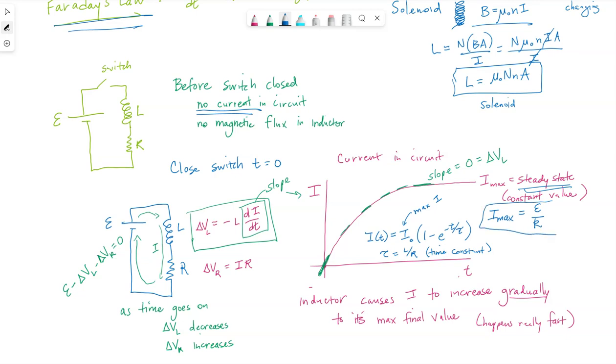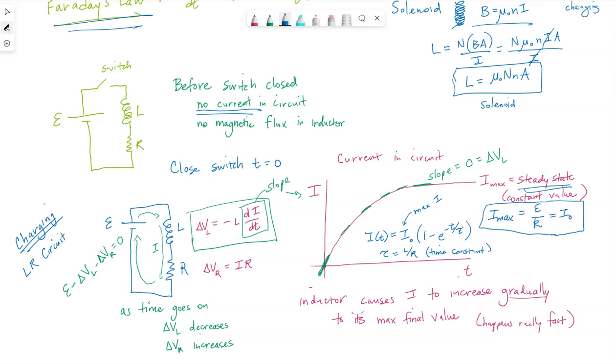So that I naught is the battery voltage divided by the resistance. We call this circuit, you'll see it named this way on the test notes, a charging LR circuit.